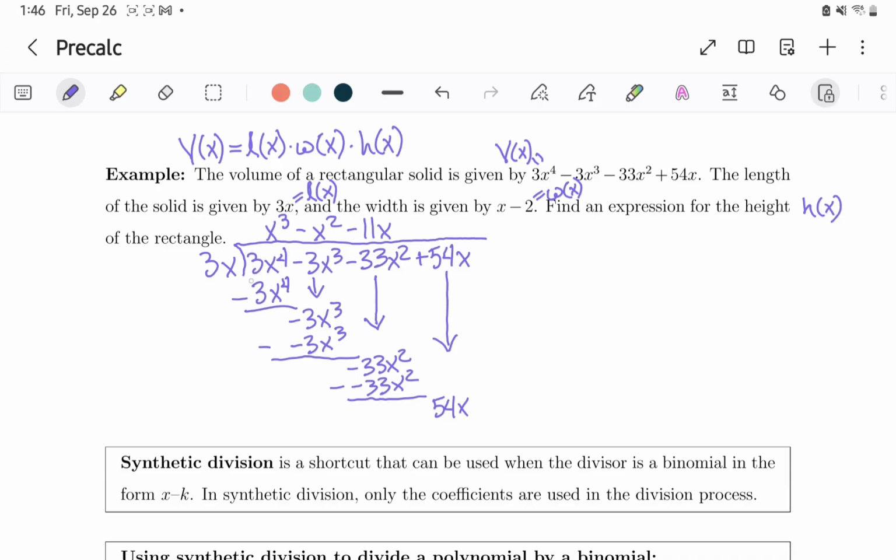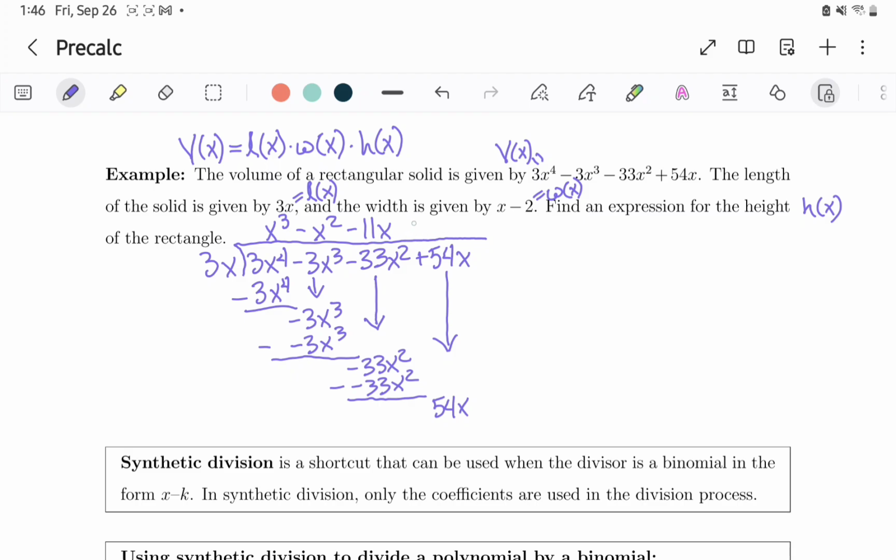And once again, this comes down to dividing 54 by 3 because the x's will cancel each other out. 54 is equal to 3 times 18, so 54x over 3x is going to be 18.